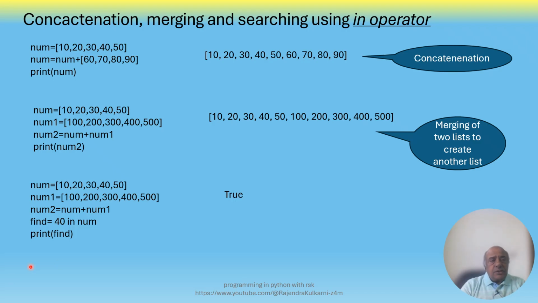Find is assigned true because 40 is a member of list num. Then we try to find out 50 in num1. Num1 contains 100, 200 and so on, so definitely 50 is not there, so we get the output false.